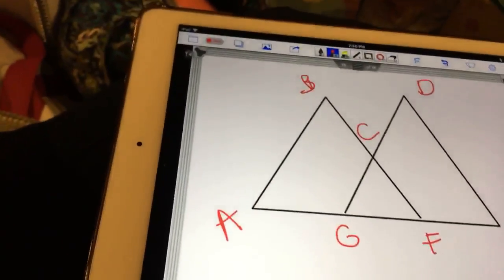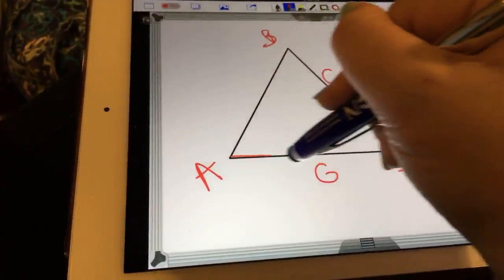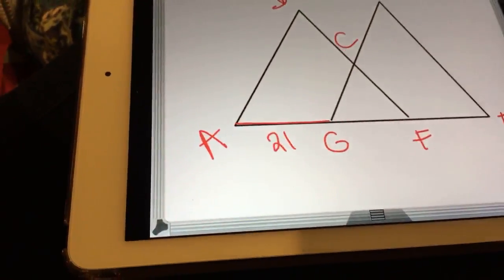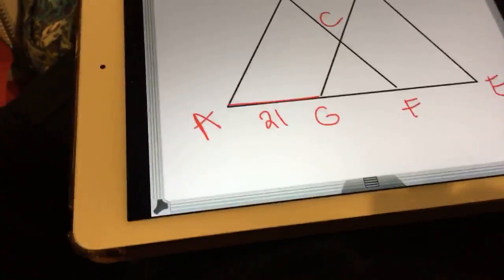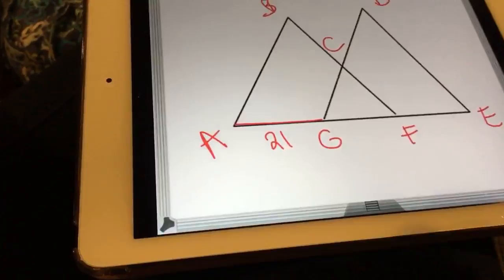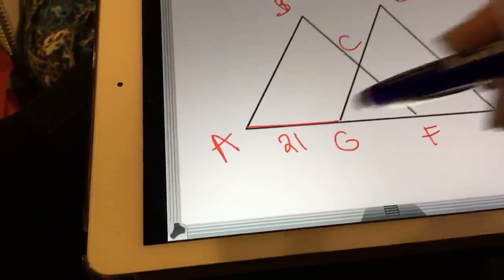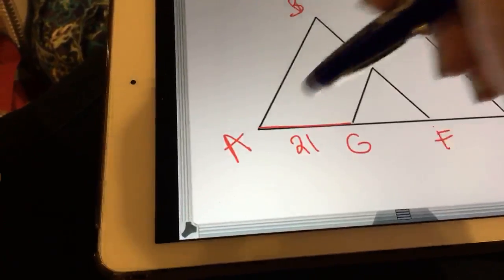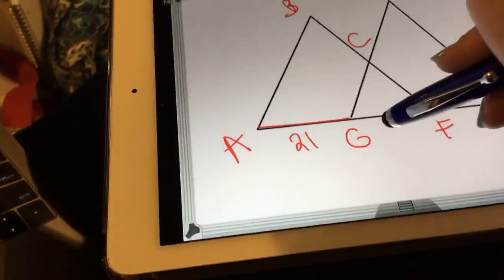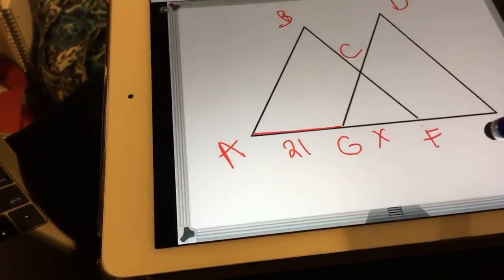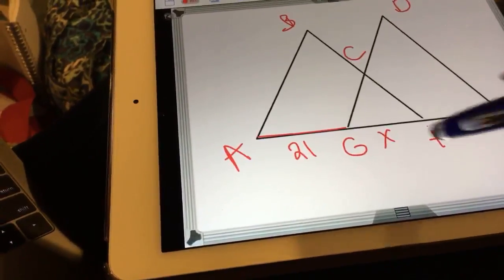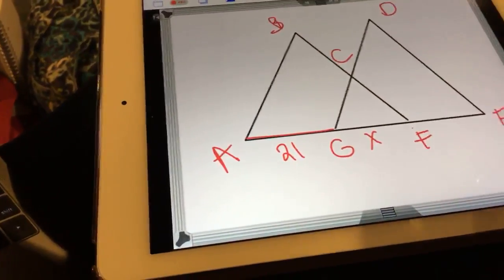Okay. So AG is 21. Since this is an equilateral triangle and these two are congruent, we're going to say that that's x, okay? This side is 21 plus x.